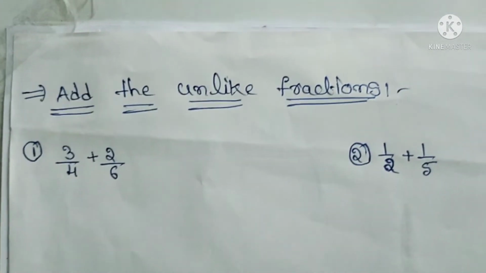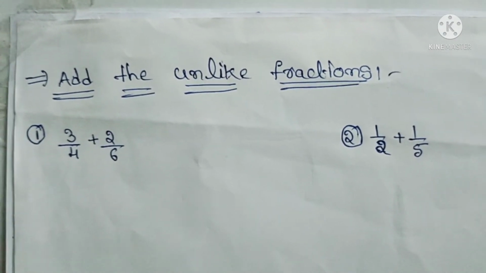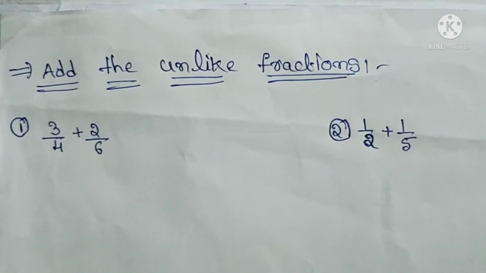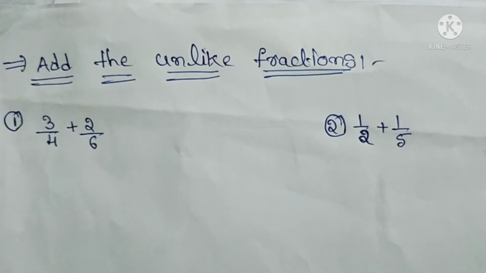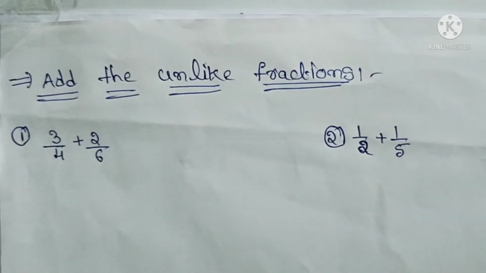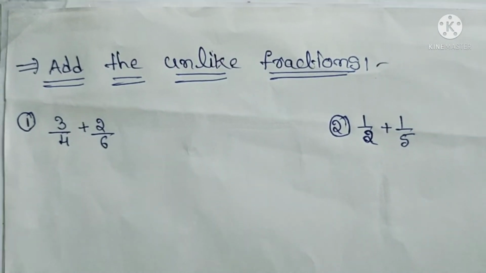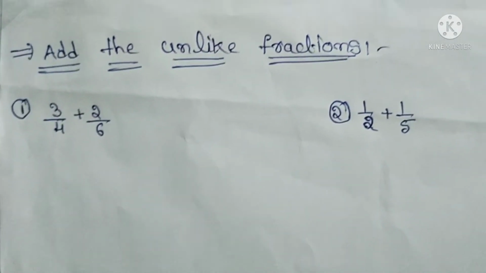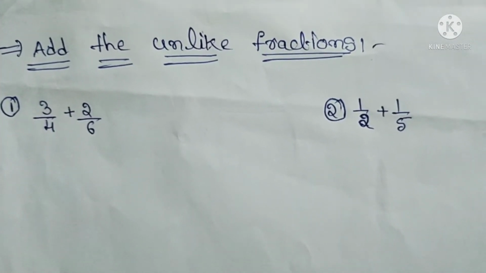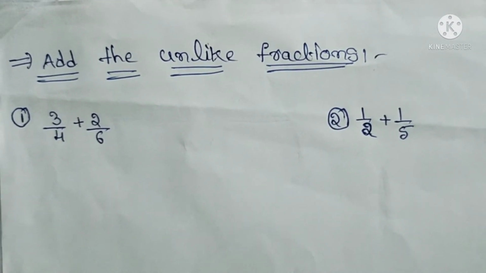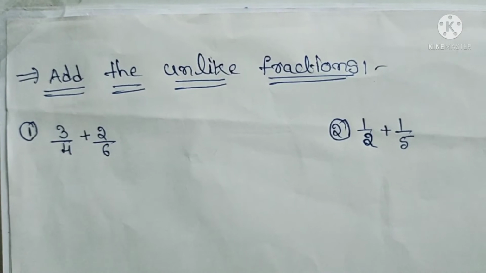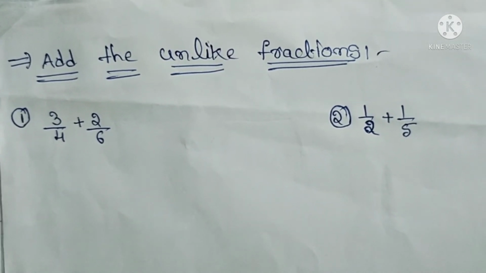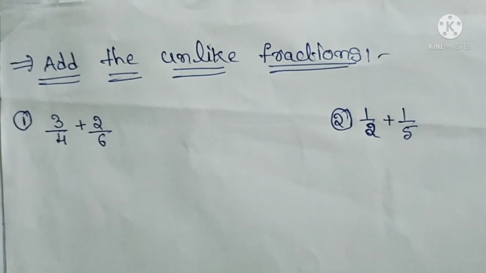To solve unlike fractions, first we take the LCM of the denominators and make them equivalent like fractions. First we find the LCM of the denominators.